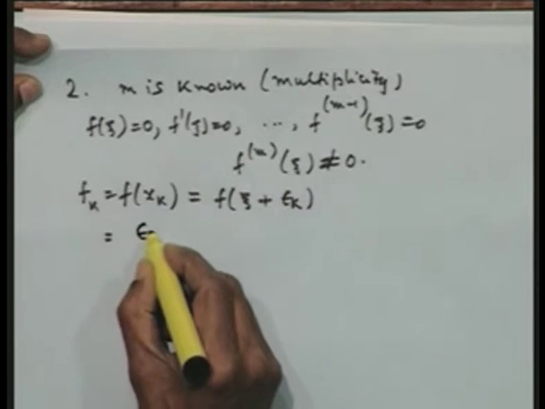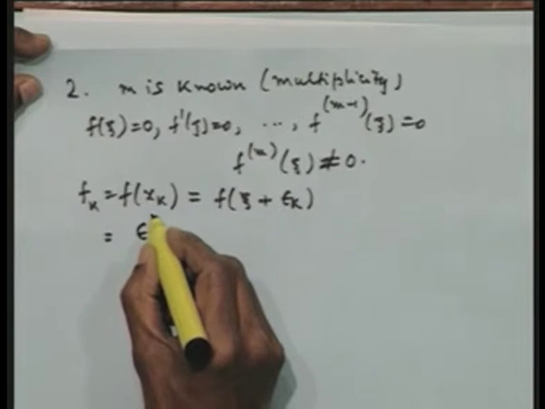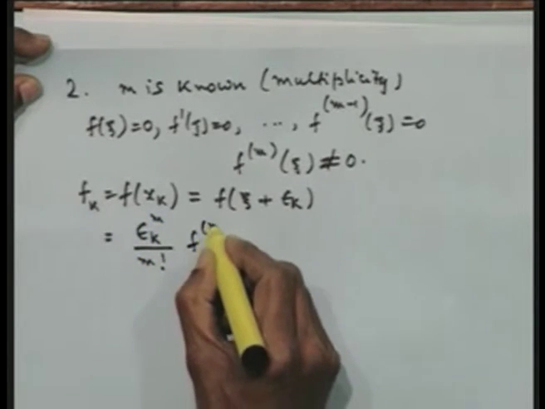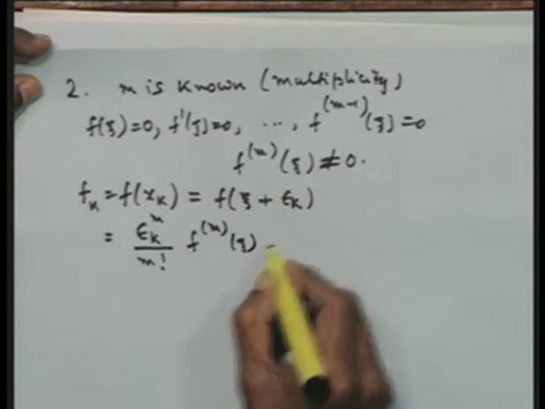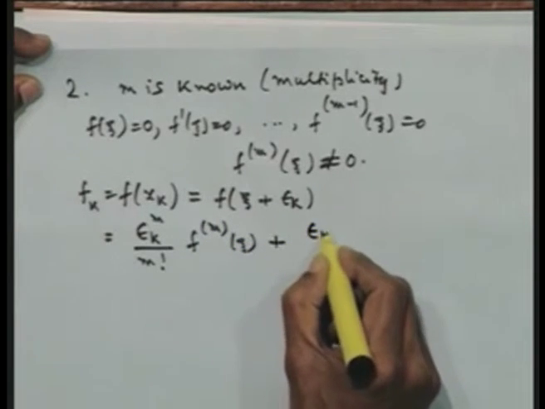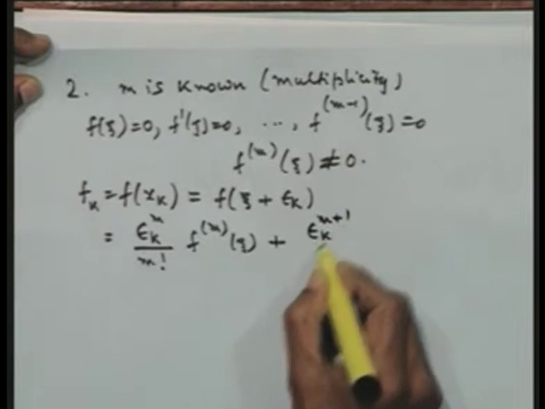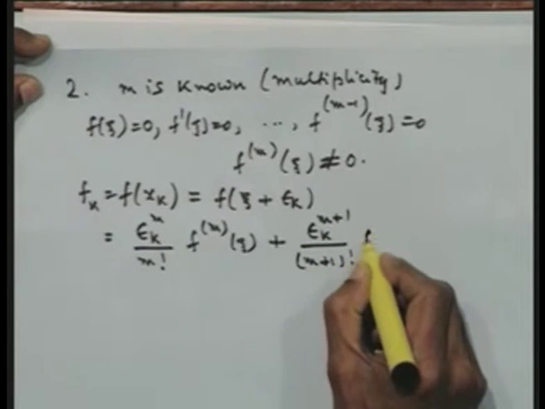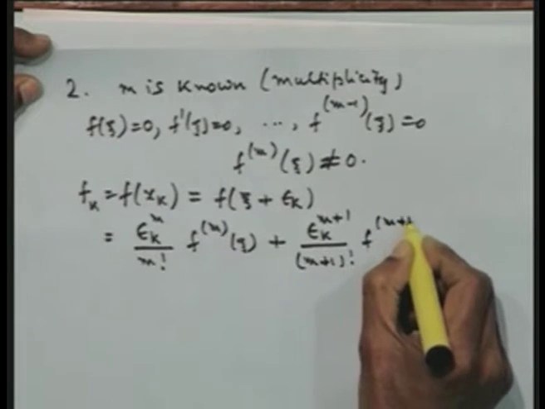The first non-vanishing term is epsilon k to the power of m divided by factorial m, mth derivative at xi, plus the next term, epsilon k to the power of m plus 1 by (m plus 1) factorial, f of (m plus 1) derivative of xi.